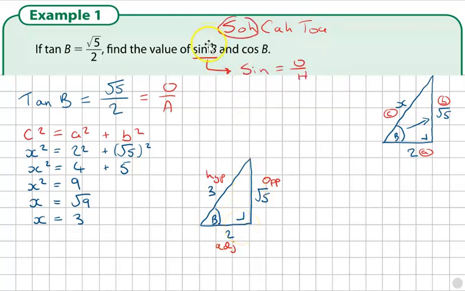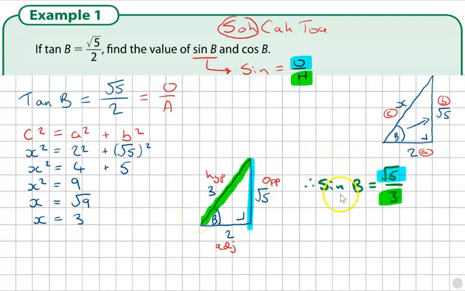So sine B, so sine is equal to O over H, so that comes from SO. Sine is equal to opposite over hypotenuse, so O over H. So sine B is equal to root 5 over 3.